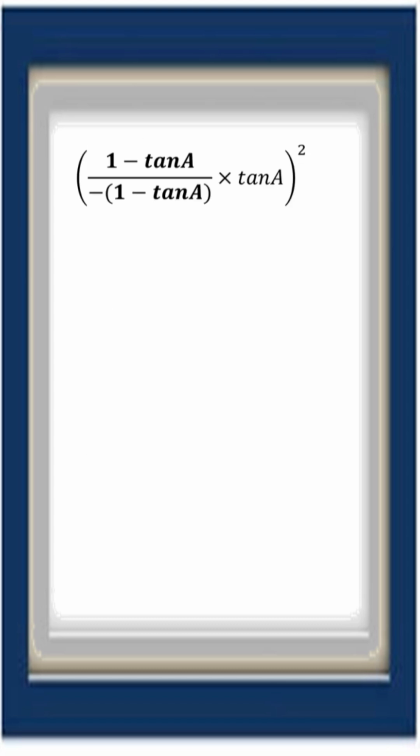So we can cancel 1 minus tan A in the numerator and 1 minus tan A in the denominator. What is the result now? This negative sign into tan A, that is minus tan A the whole square. Minus minus, if we put 2 times, it becomes positive. Tan A the whole square is equal to tan square A. Let it be equation number 2.